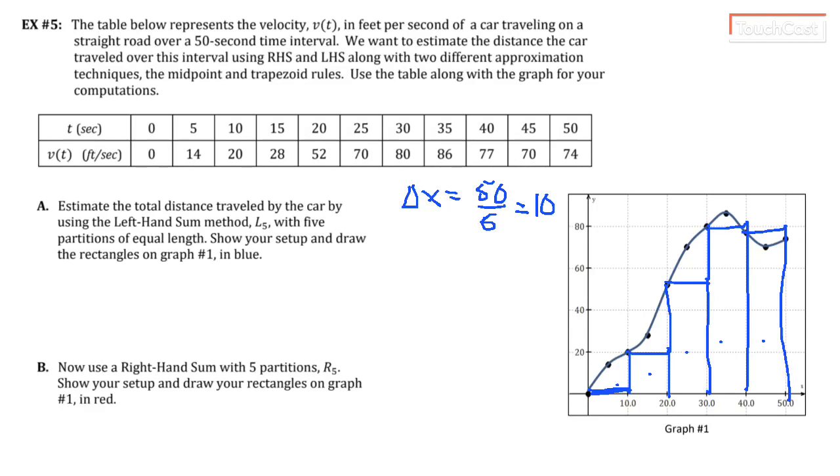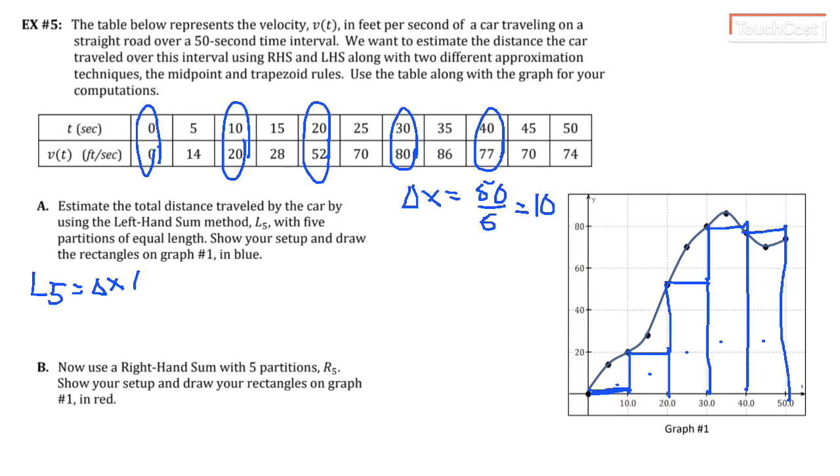Now we're going to show our work for finding this. So we're going to take our delta x, our left hand, in 5 partitions. We take our delta x, and we're going to take 5 values, at 0, at 10, at 20, 30, and 40.